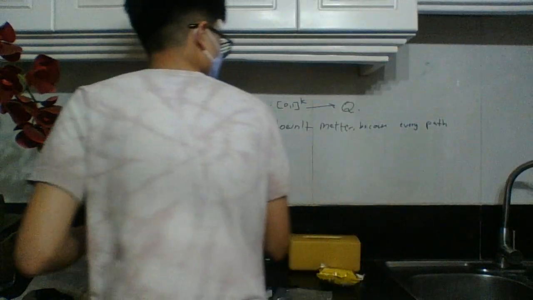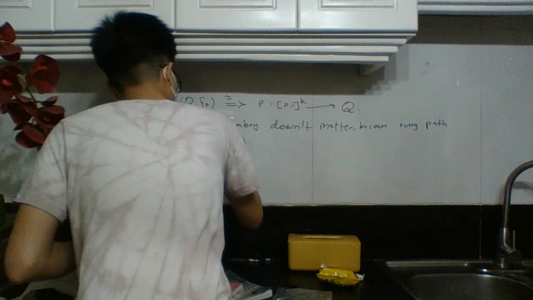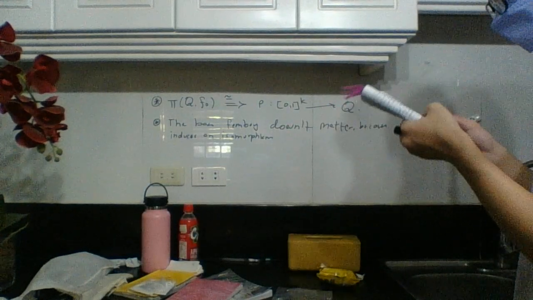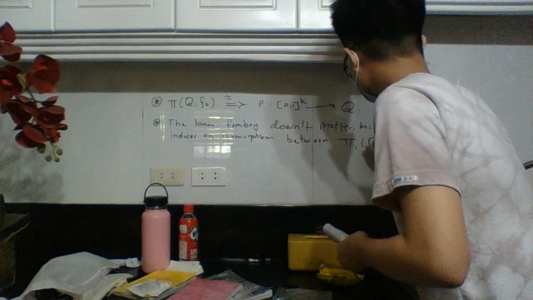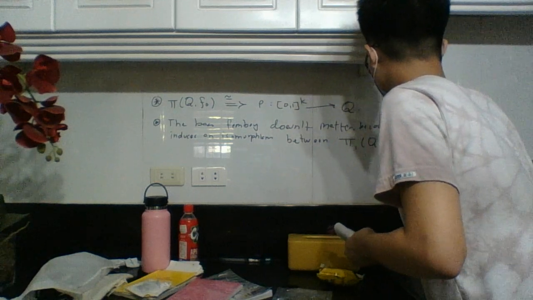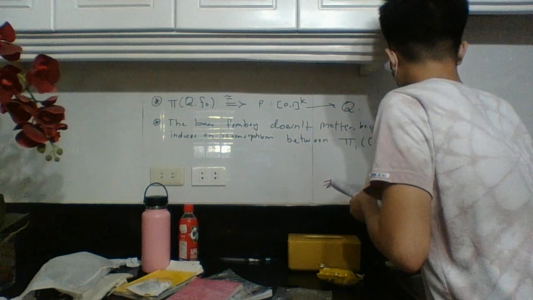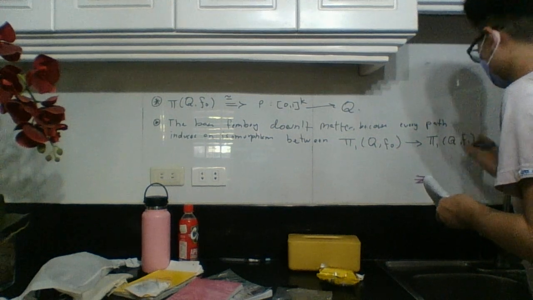Every path induces an isomorphism between pi1(Q, f0) and pi1(Q, f1).